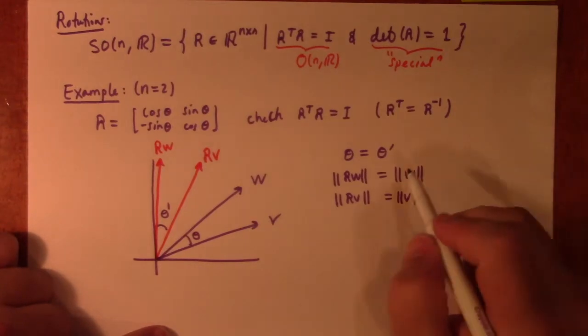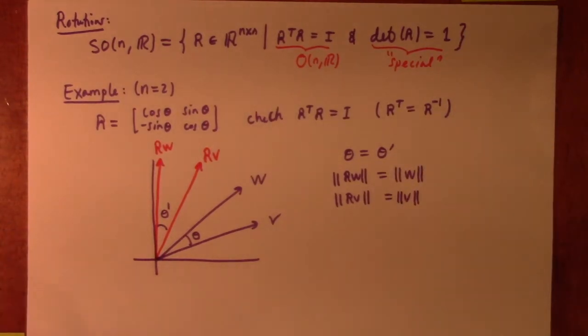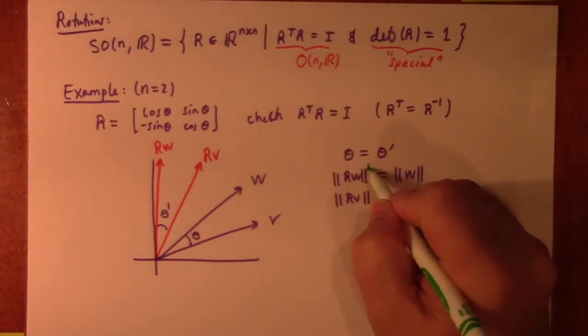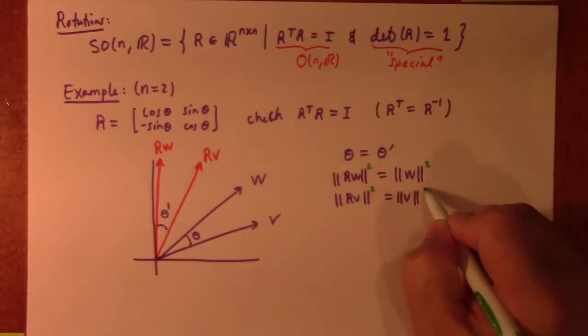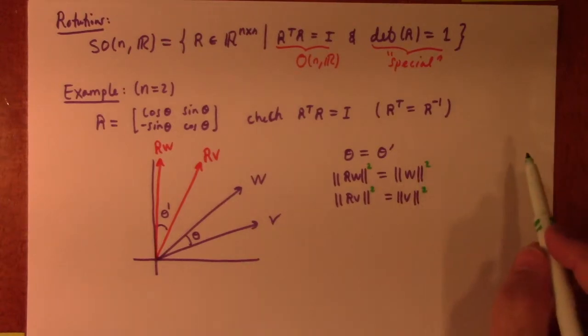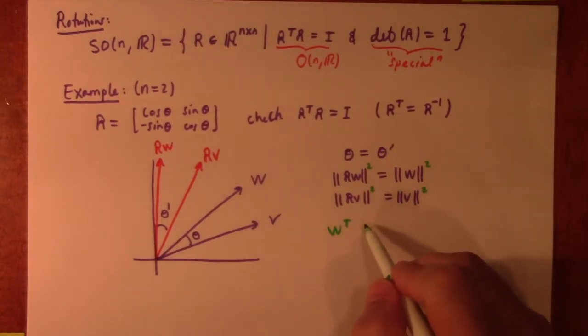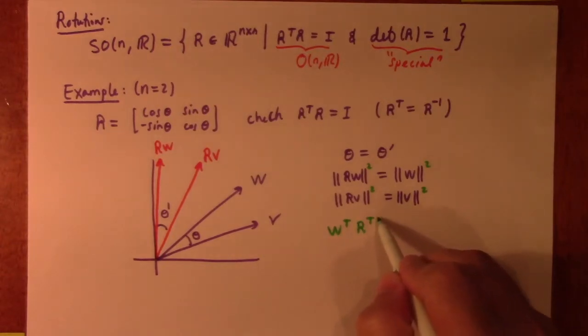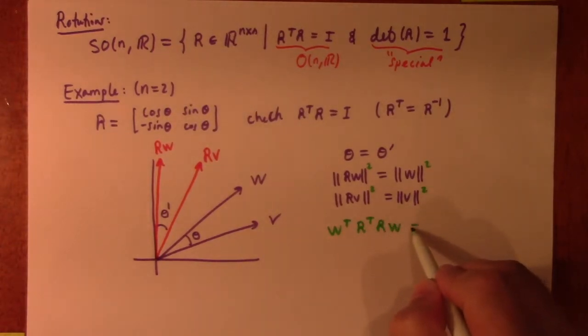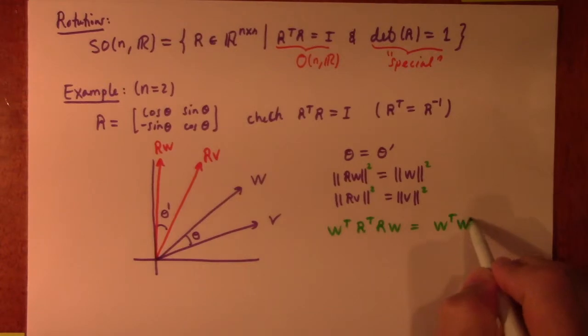So you square those conditions, and when you do that, what that gives you is that w transpose R transpose R w is equal to w transpose w.